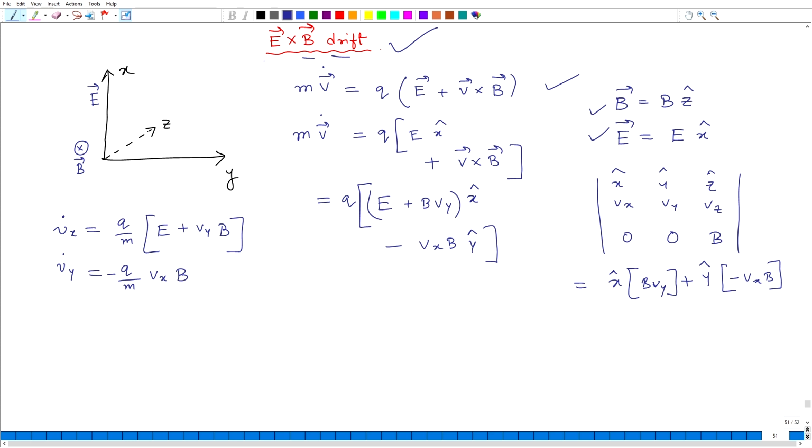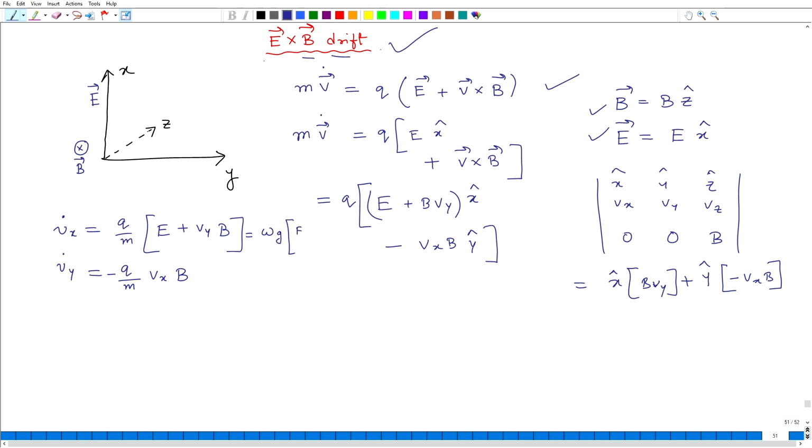Again I can take omega g, using this expression q B by m. For that, I have to take B outside.